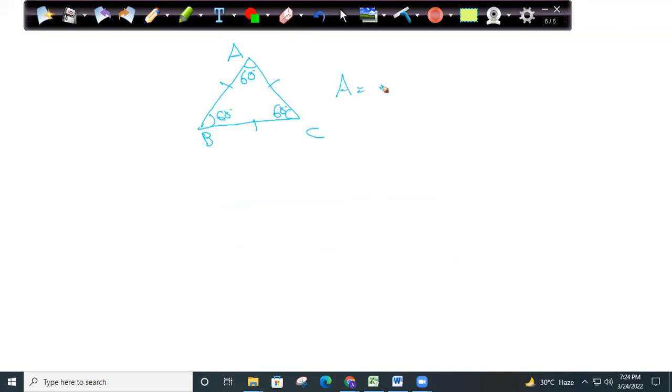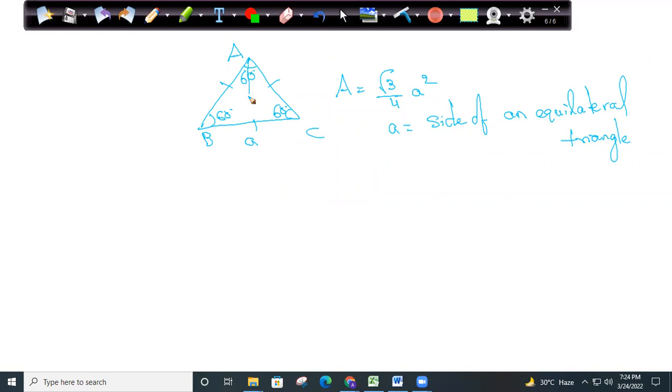Area of an equilateral triangle is √3/4 a square, where a is the side of the equilateral triangle.